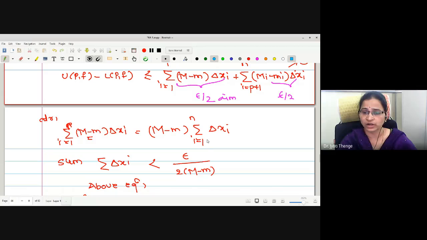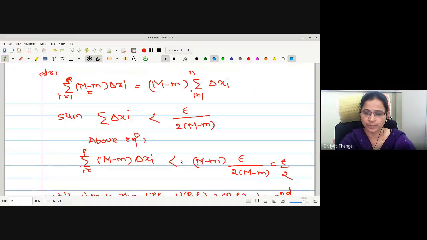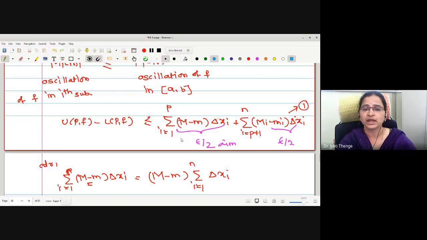The points are plotted in such a way that the sum of the lengths of the subintervals is less than epsilon upon 2 times (M minus m). Clearly, if I put the value here, the total value must be less than epsilon by 2. That is, the contribution by the first summation we have made less than epsilon by 2.